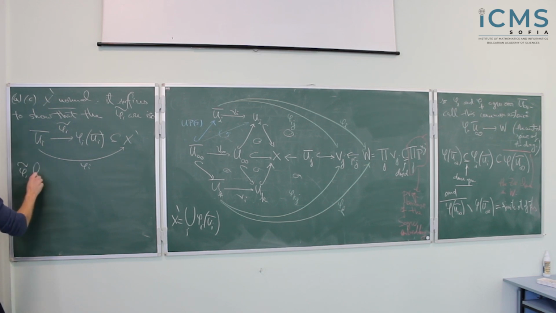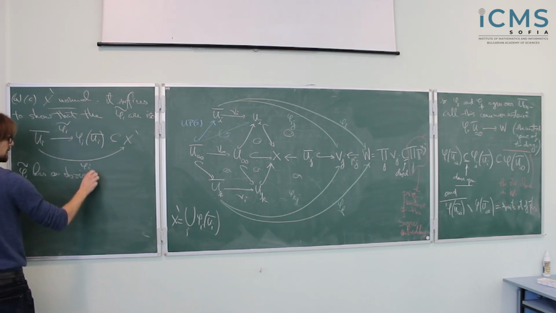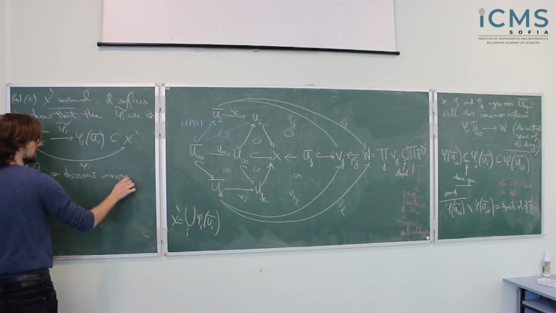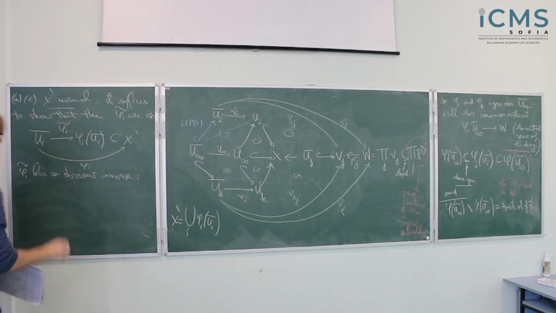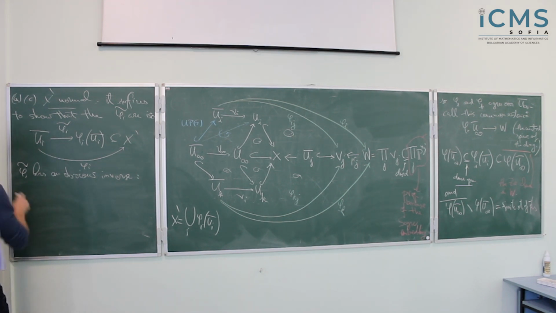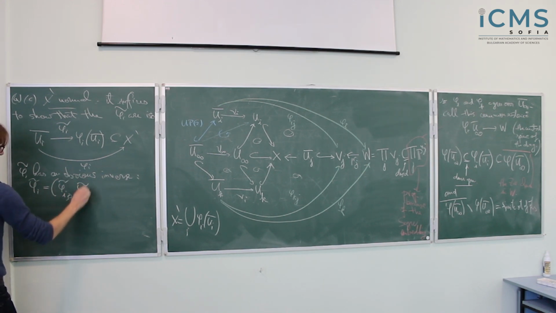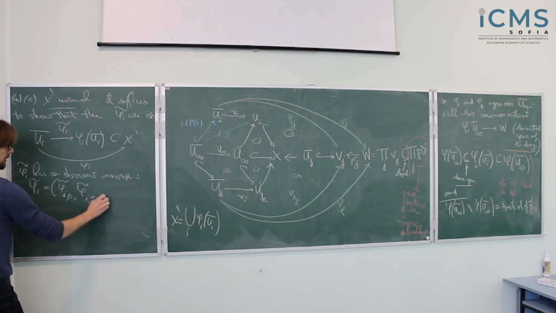Phi I tilde has an obvious inverse. So if I decompose phi, so remember that phi, even phi tilde if you want, is phi tilde I0, phi tilde I1, and so on.